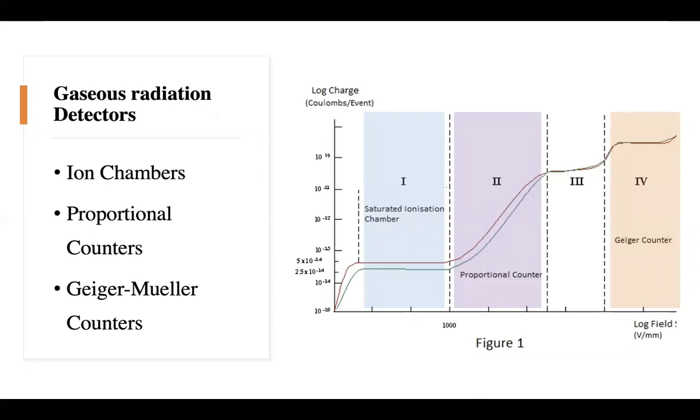All are gaseous detectors, but why do we classify them by these names? The difference between each type is actually the voltage or the electrical field applied between the two electrodes. And we will see them one by one.